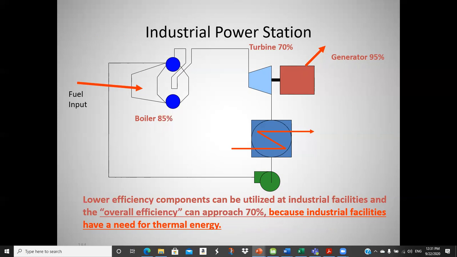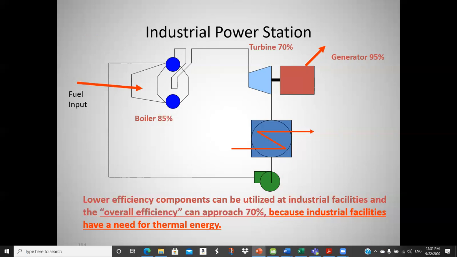Well, how can we do that? Because we're going to use the energy coming out of the turbine in the plant. So we're going to generate steam in the boiler at a higher pressure and temperature than we need. We're going to put it through a turbine and get electricity that's going to go towards running the plant. Then we're going to come out of the turbine, and instead of going to a condenser and heating up the lake, we're going to take that energy out to the process and make soup, make shingles, dry wood, whatever the plant wants to make.